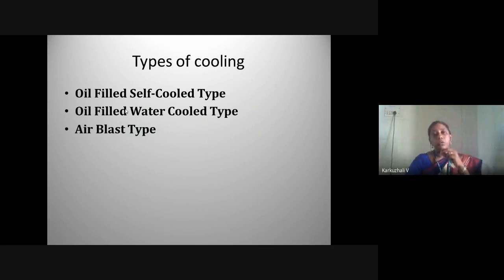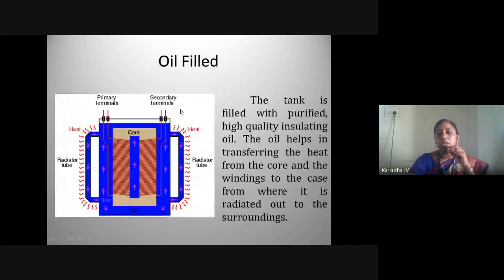So what to do? We have to use some cooling types to reduce these losses. One is the oil-filled self-cool type, the oil-filled water-cool type, and the air-blast type. That is, either through oil filling or water, or through blasting air, you can reduce the heat that is produced in the transformers.